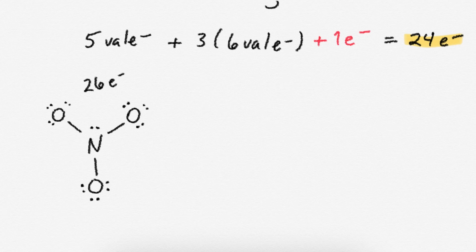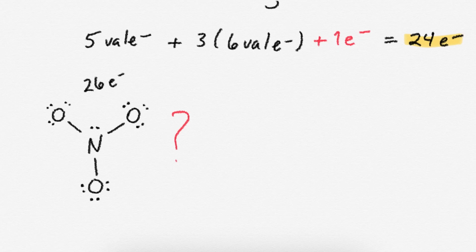So this structure has 26 electrons. Notice that this is not 24 electrons, which means then that this cannot be the correct structure.